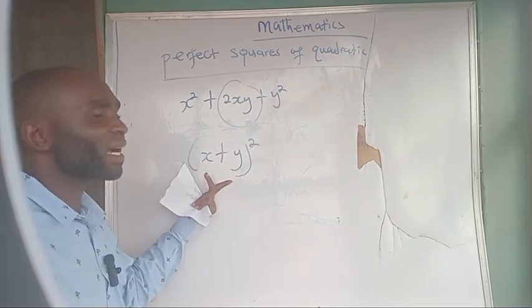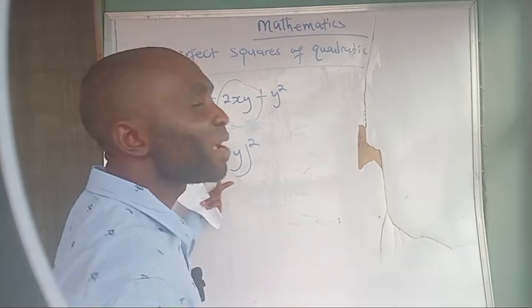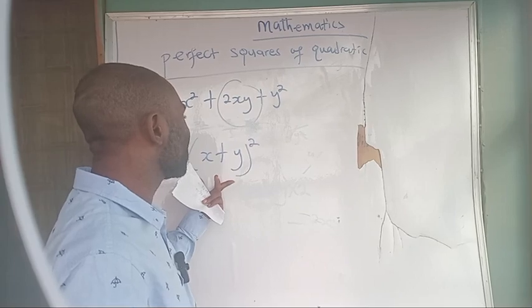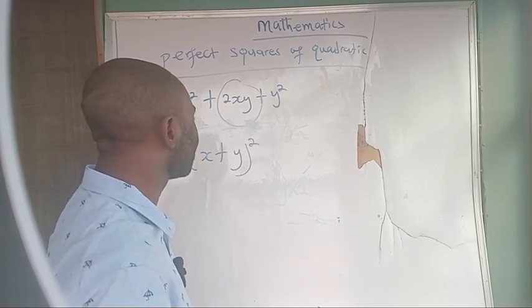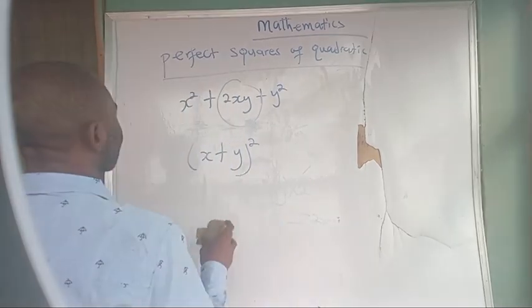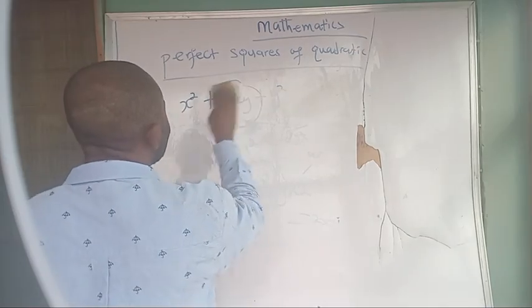So this is an example of a perfect square quadratic expression or equation. So now let's understand it with examples.